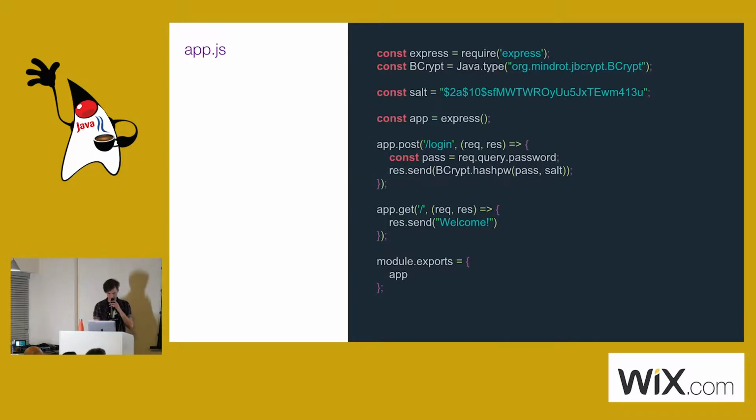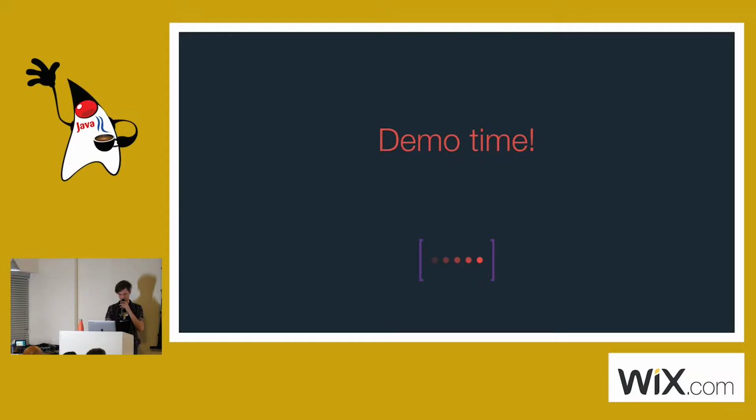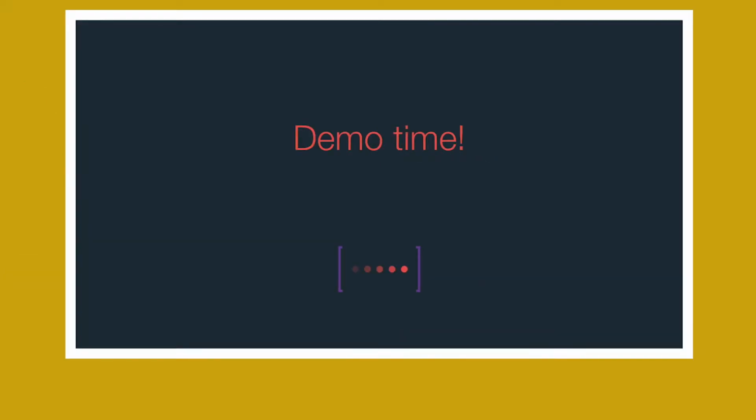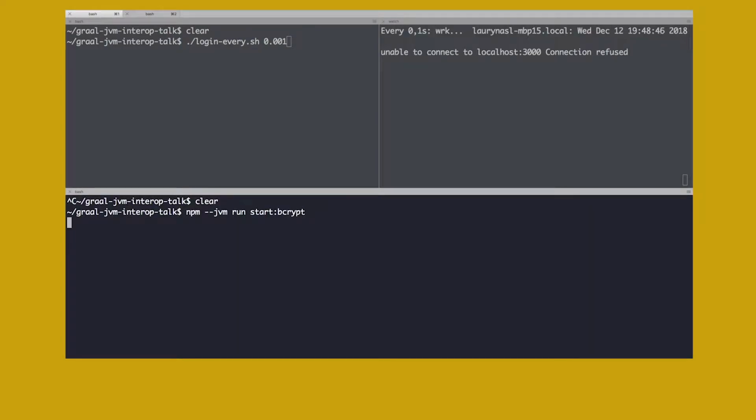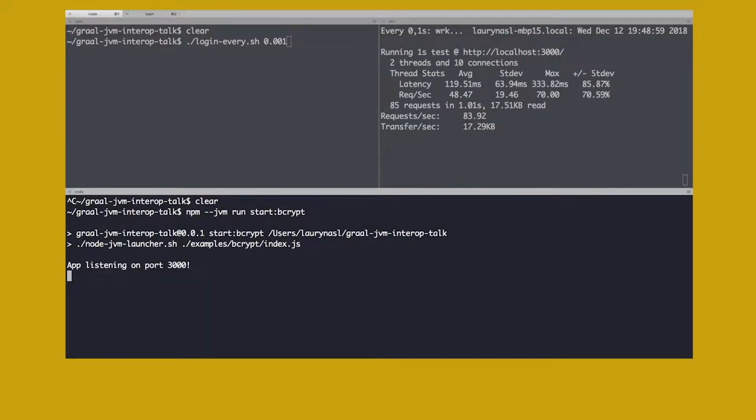So let's try to run it. Oops. Okay, so here I have npm run start. One thing that you'll notice if you're a Node developer is that it does not start up quickly. It really takes its time.